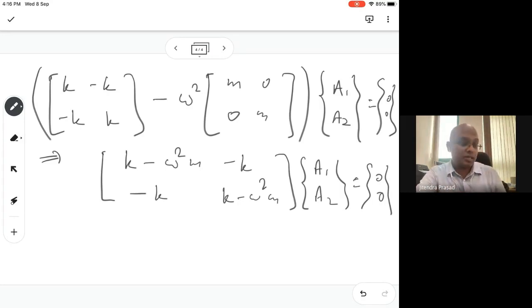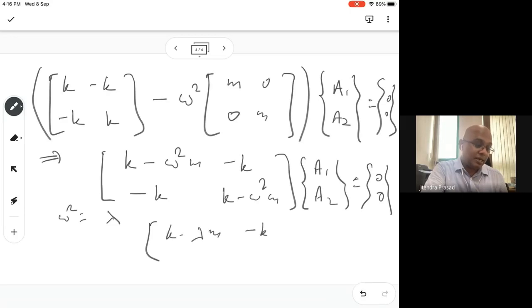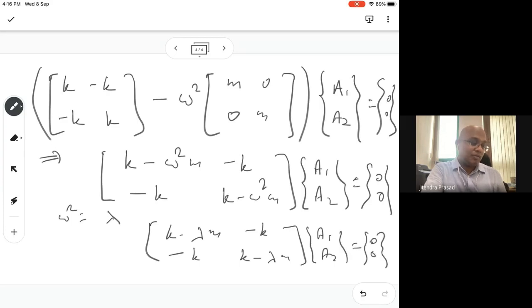We can assume omega square equal to lambda, and simply you get k minus lambda m, minus k, minus k, k minus lambda m, a1 a2 is equal to 0. Of course I'm taking the long way to solve it, but you can go straight away.